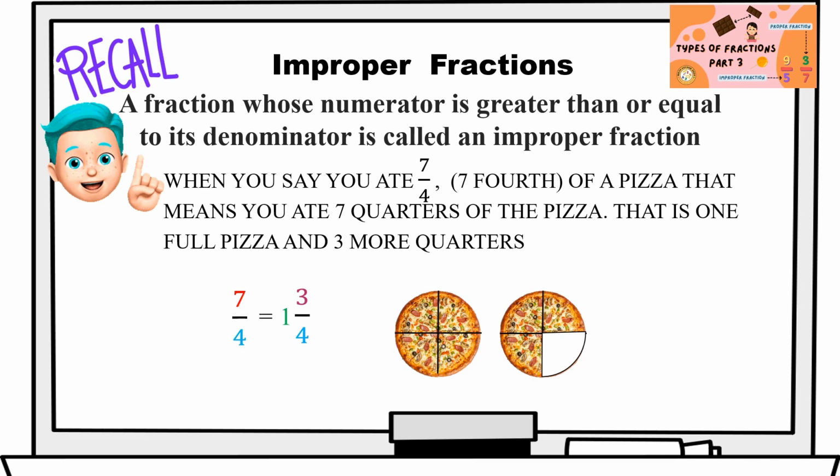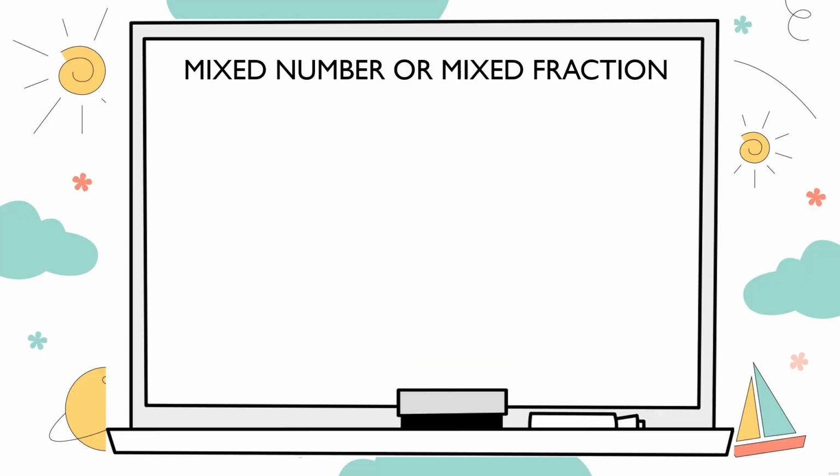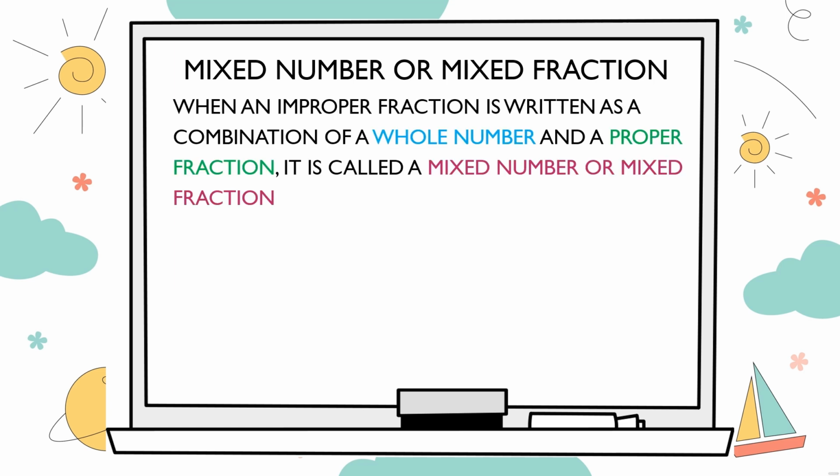Now let's try to understand what are mixed fractions. So what is a mixed number or a mixed fraction? When an improper fraction is written as a combination of a whole number and a proper fraction, it is called a mixed number or a mixed fraction.